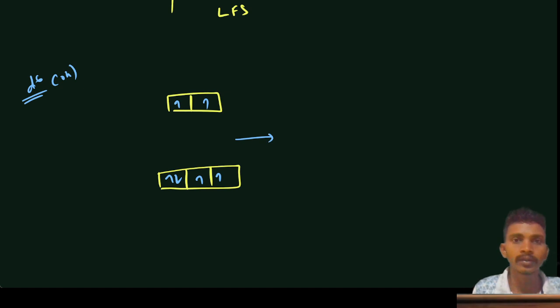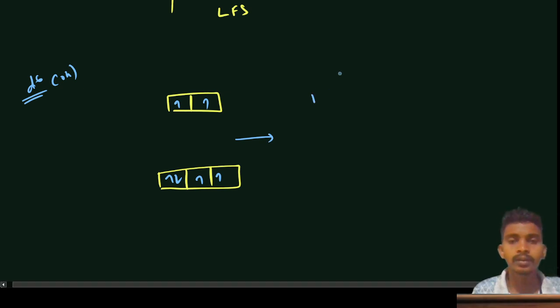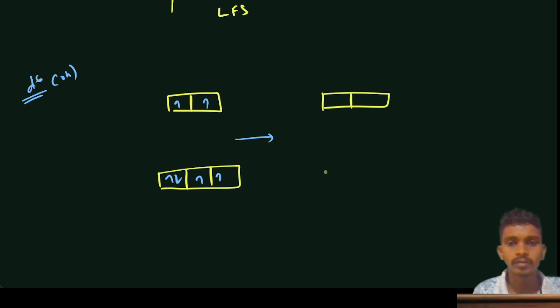If I do electron transitions, then what will I do? If I do the hole transitions, holes are present here, also here, so I can do the hole transition here also.